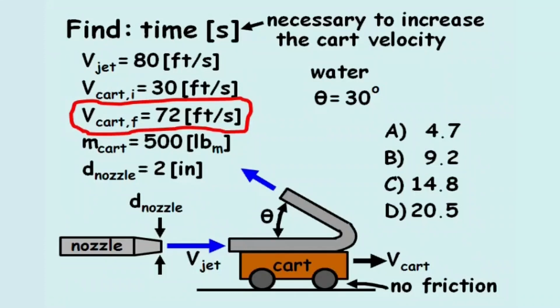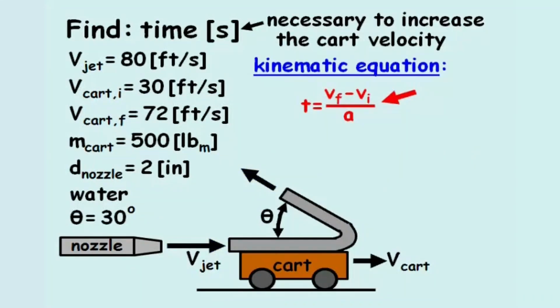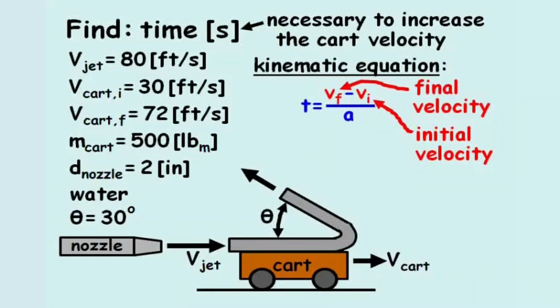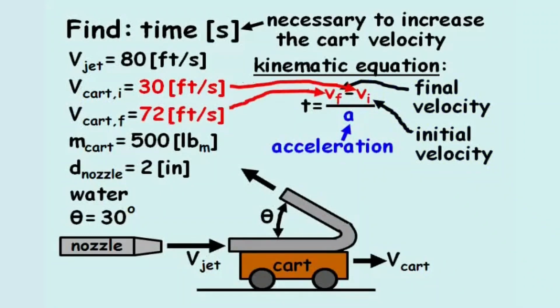From kinematics, we know the time it takes to increase the velocity of an object equals the final velocity, Vf, minus the initial velocity, Vi, divided by a constant acceleration, A. Since we already know the final and initial velocities, the last variable we need to solve for is the acceleration.